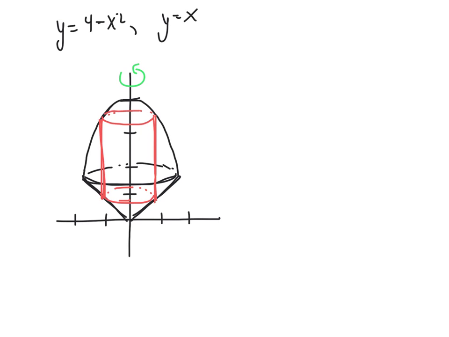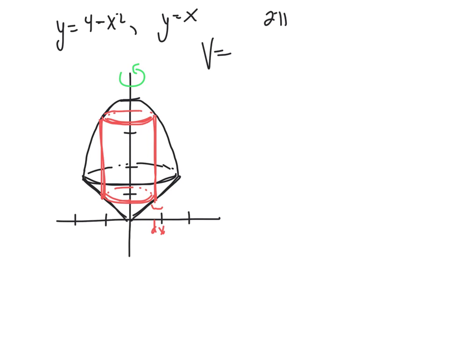I'm going to talk about the actual area of this tiny shell that I'm slicing out of here. And I'm going to essentially add up a whole bunch of those. If you can picture a whole bunch of shells that are all lined up right around that, each one very, very thin, the thickness of it represented by what we call dx, and I'm going to calculate the volume by adding up a whole bunch of those.